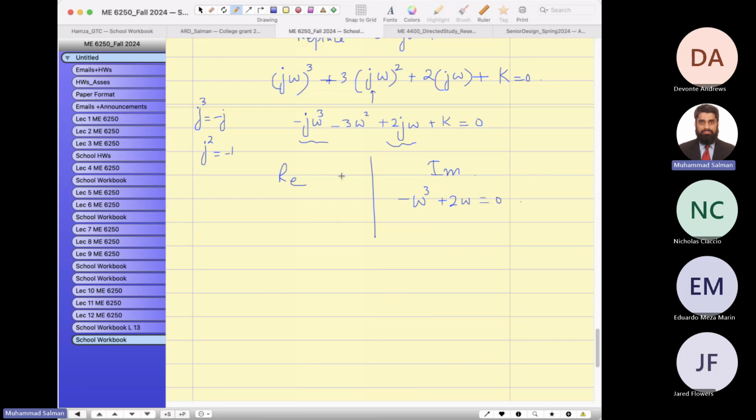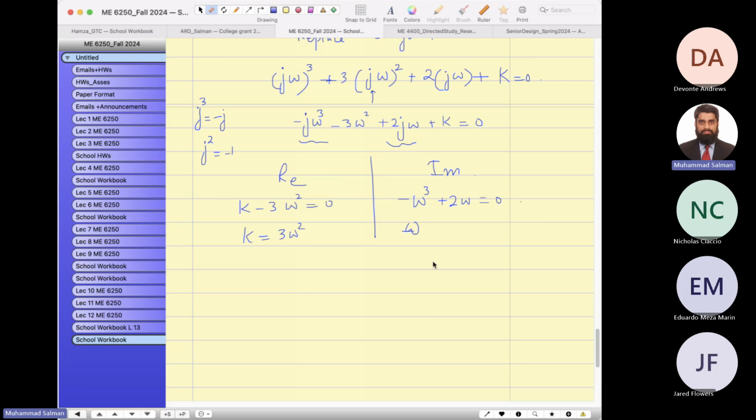And every other term which does not have j is a real term, k minus 3 omega squared. So you have to equate them to 0. And when you equate this, you get k equals 3 omega squared. And from here, what do you get? From here, you get omega squared.